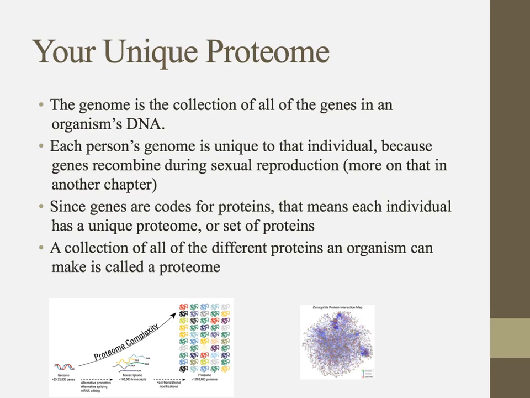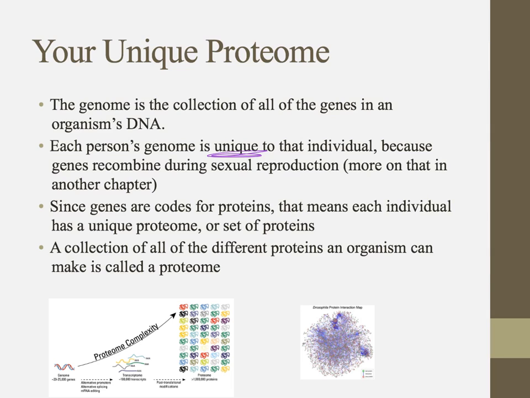Okay, so speaking of genes, let's go back and talk about a word that I'm sure you've heard of before, and that's genome. So a genome is a collection of all the genes in your DNA, and you have tens of thousands of genes, okay, that make different proteins and can do different cool things. Now, each genome is unique to that individual, okay? So that has a lot to do with sexual reproduction and the formation of gametes, mutations, all kinds of things, okay?